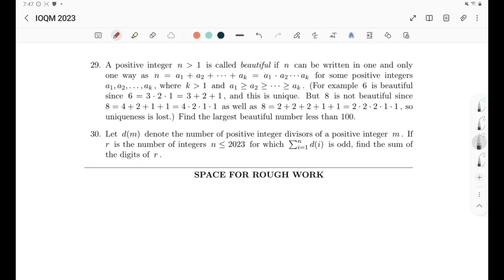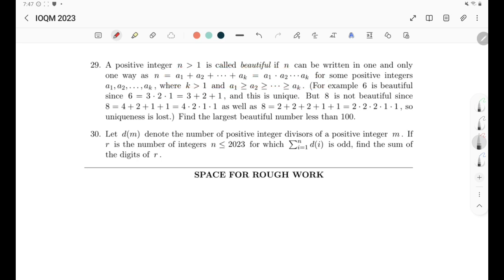So for example, 6 is 3 times 2 times 1, which is 3 plus 2 plus 1. So we were able to represent it in this way, and this is unique. That means you cannot find other numbers. For example, you cannot say 6 is 6 times 1, which is equal to 6 plus 1 plus something. You cannot do it in more than one way. So it's unique, so it's beautiful.